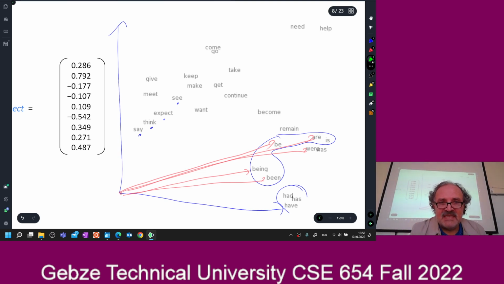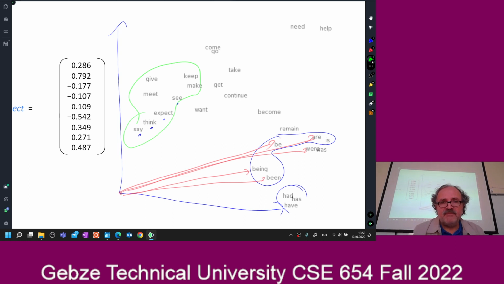Likewise, say, think, expect, see, meet, give. These are all kind of words, right? These words come together. Say and think are close in terms of their meaning. Also, they are close in terms of their syntactic position, right? They are both verbs.